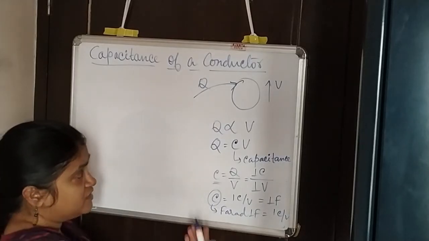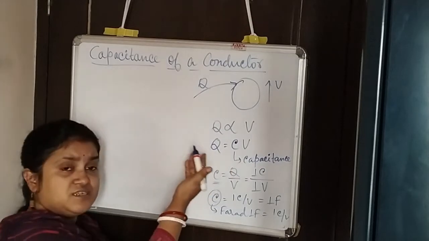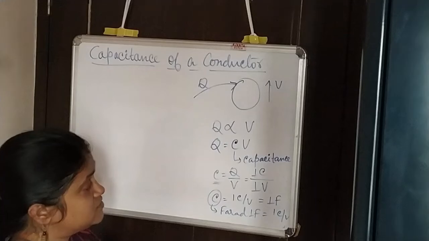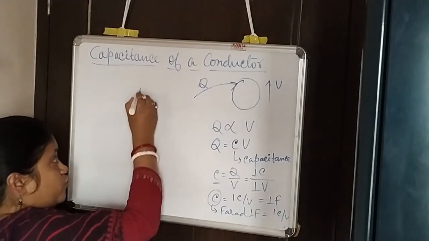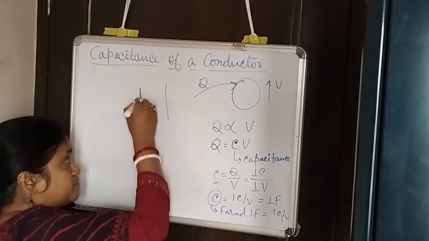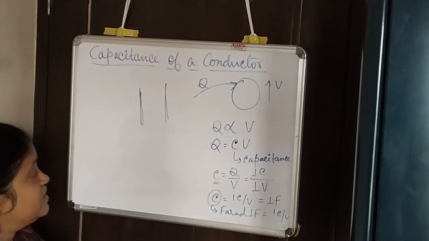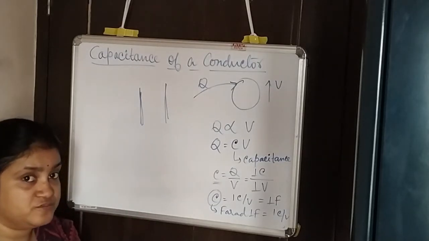Now, generally, if you have a conductor, you can store certain amount of charge inside it, right? But suppose I have two parallel metal plate conductors, then these two conductors can store more amount of charge.